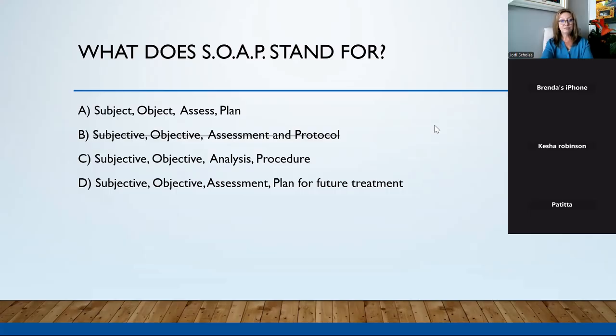Best answer? Letter D. Subjective, objective, assessment, and plan for the future treatment. Look, letter A, technically right. Letter D, a better answer. Sorry. This is the point.